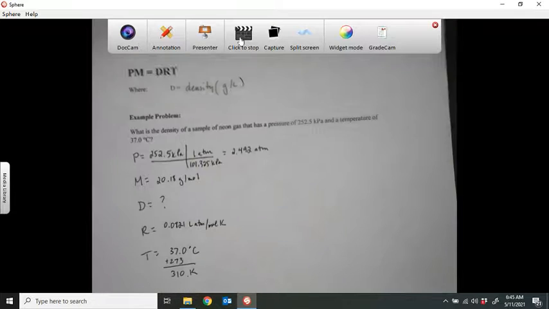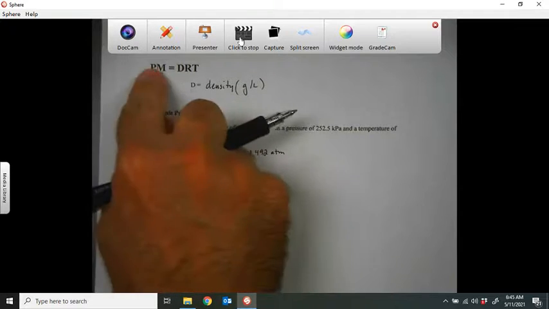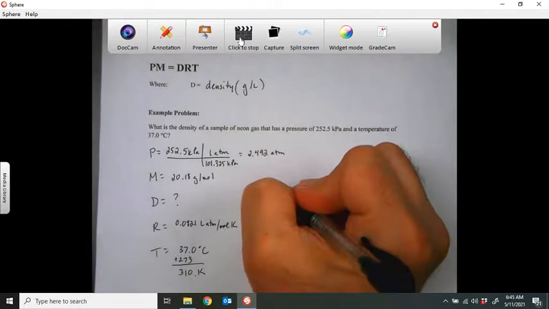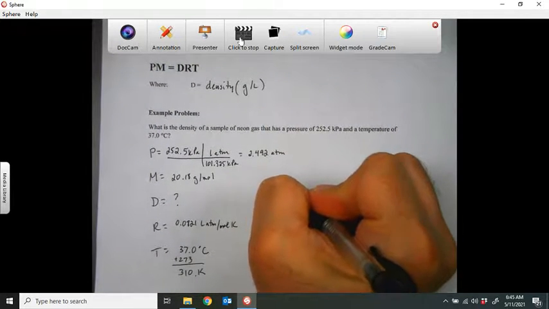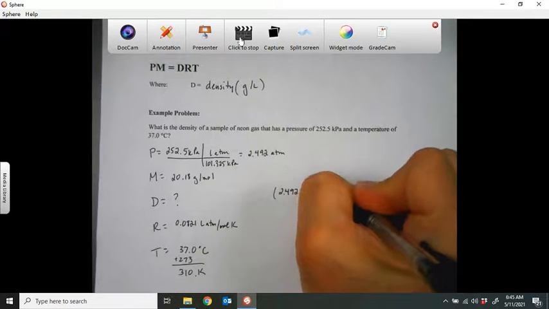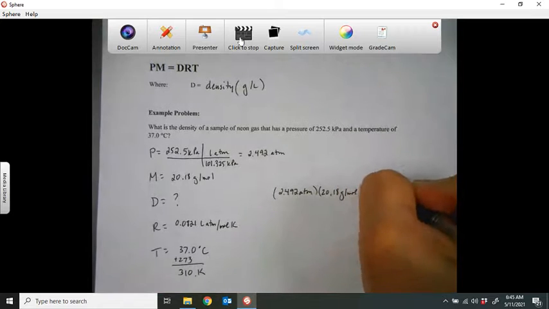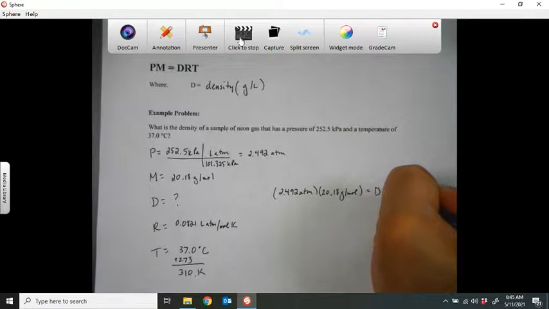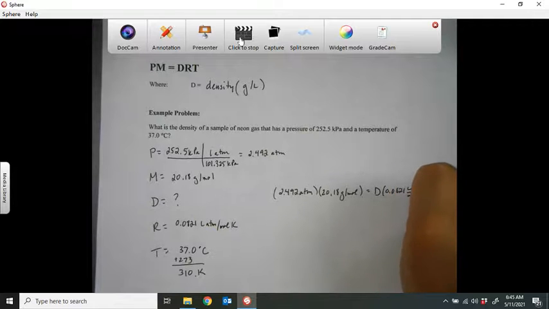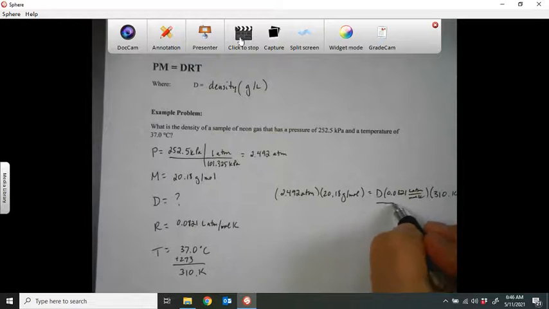Now that we have all of these values, we have to substitute them into our equation. P times M is equal to D times R times our temperature. Since we're solving for density, we need to get density by itself.